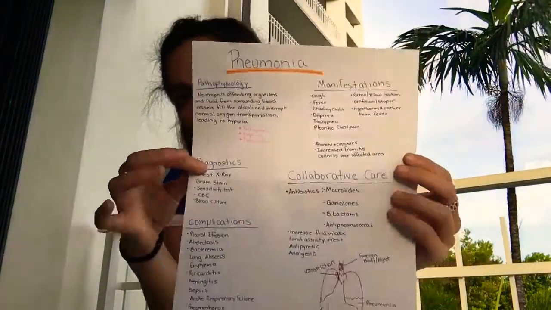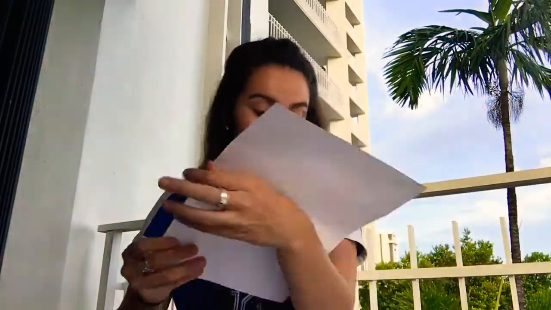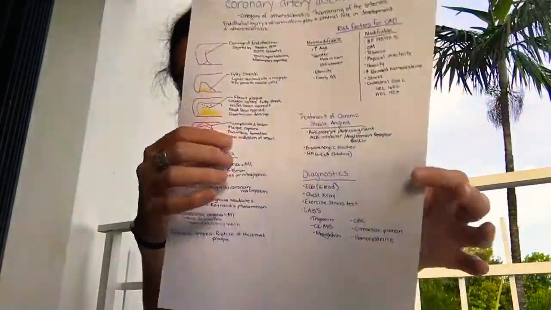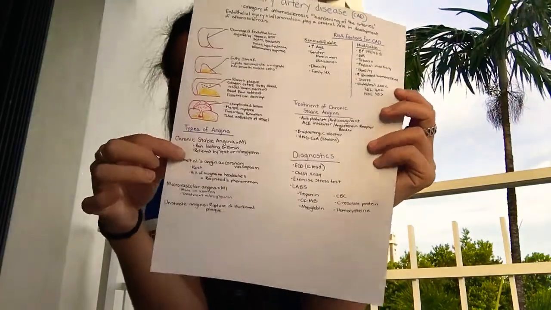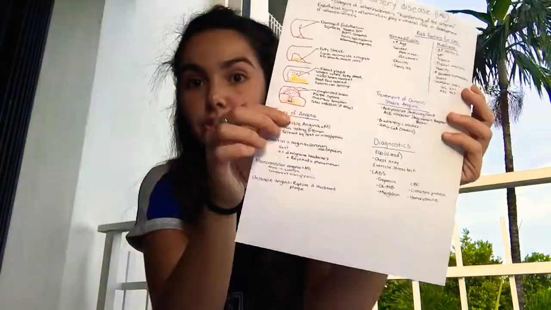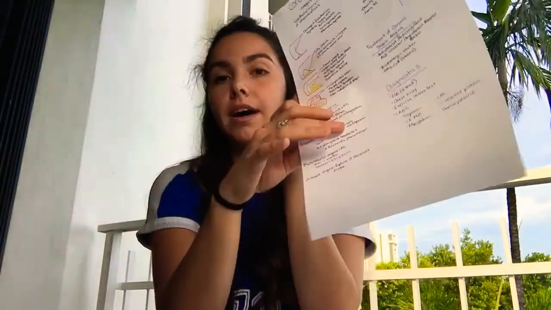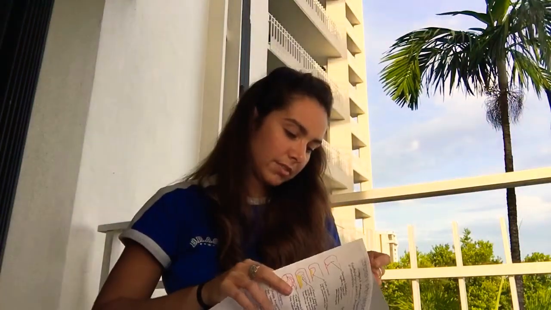So I like to have it all on this page, and I'll honestly do it for every disease process. Here's another one, the coronary artery disease. I'll include drawings of the phases, the types of anginas. I have everything here. Let me see if I have another one.